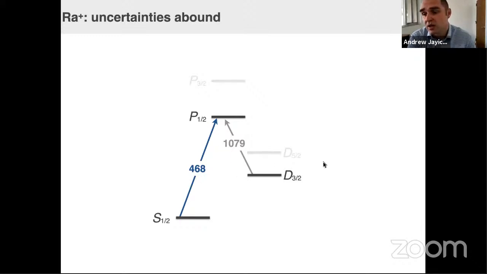And I should say at the start of this work, we had roughly 5 gigahertz uncertainties in these various transitions. That kind of uncertainty, when trying to see light from this ion in a trap, was at the time more nerve-wracking than anything associated with radioactivity. Nevertheless, here we go.